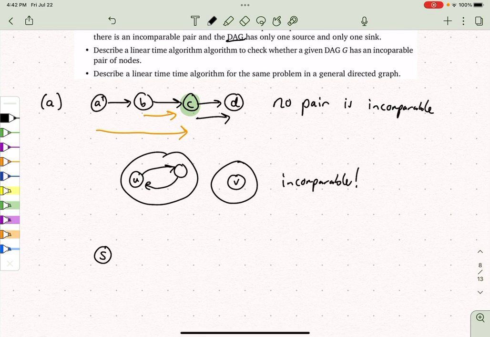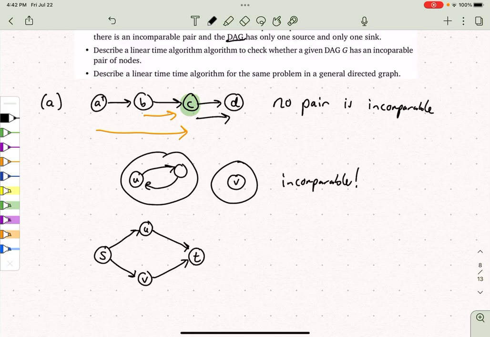We're going to have a source S, a sink T, and there's two other nodes, U and V. Now, since S is a source, things have to leave it. So maybe say edges go from S to U and S to V. And because T is a sink, only things can enter it.